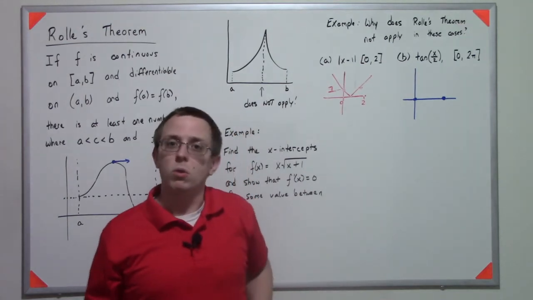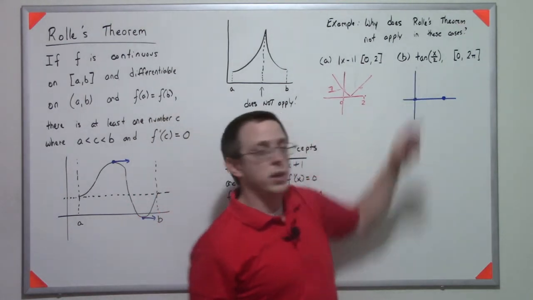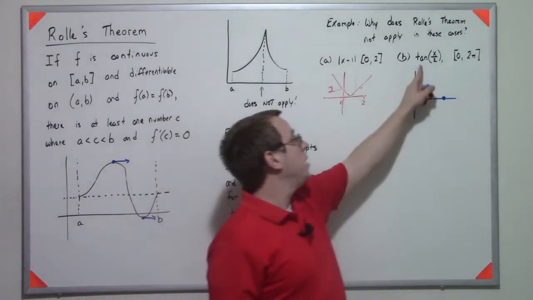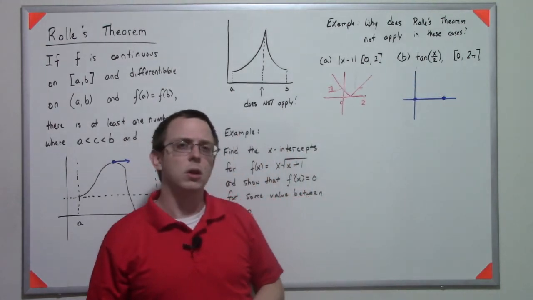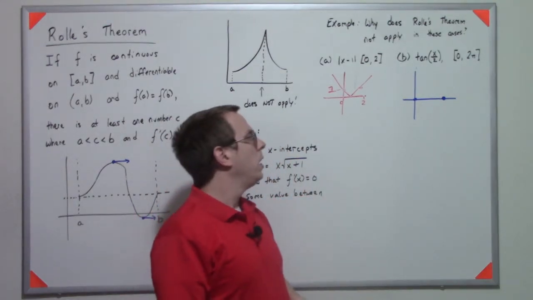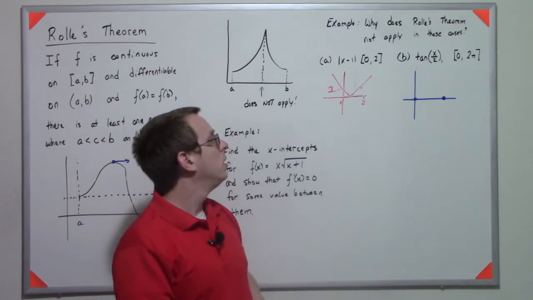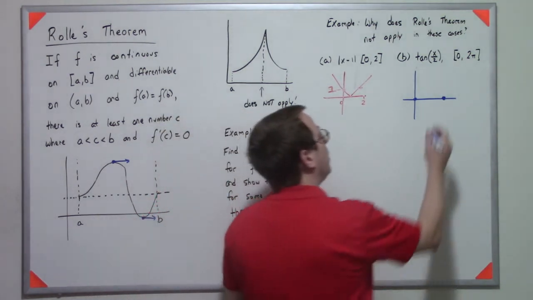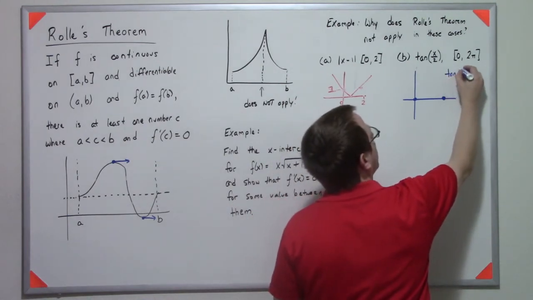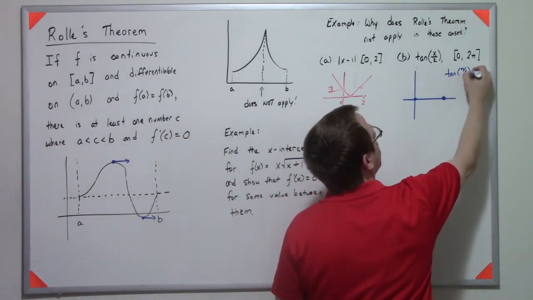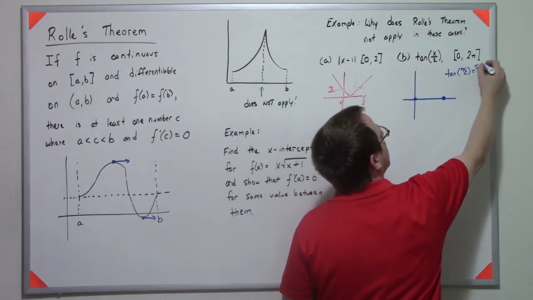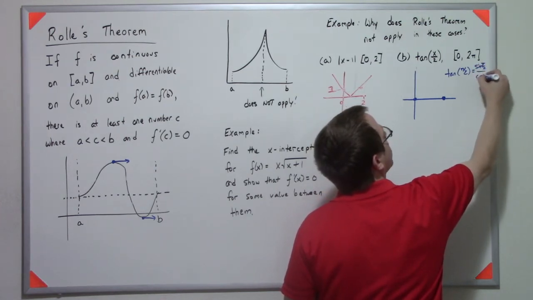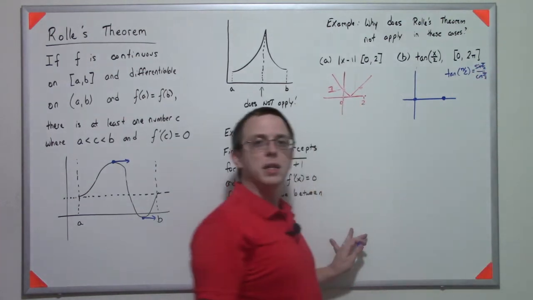So why wouldn't Rolle's theorem apply? Because tangent has a derivative, tangent is continuous, or is it? Well, if you take a look at x equals pi, so tangent of pi over 2, sine of pi over 2 over cosine of pi over 2. And that doesn't exist.